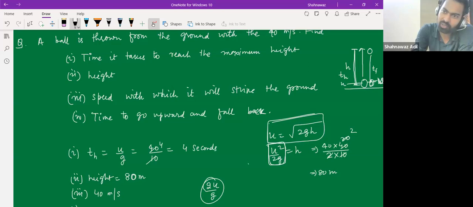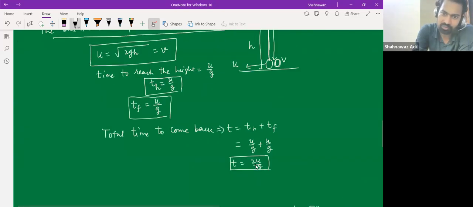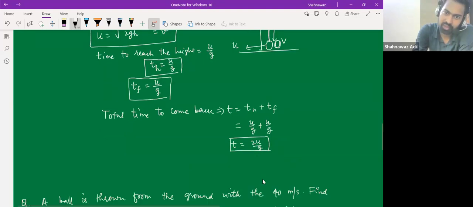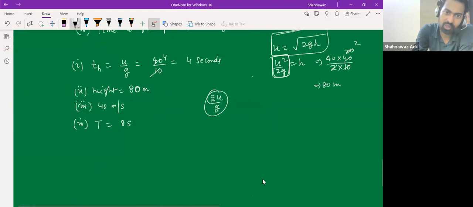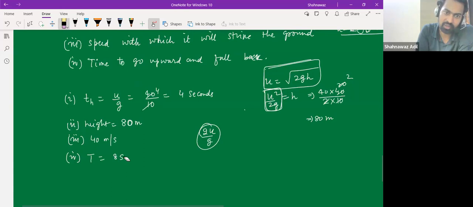You can do it this way or use 2u by g, which is 2 into 40 by 10. Understood?